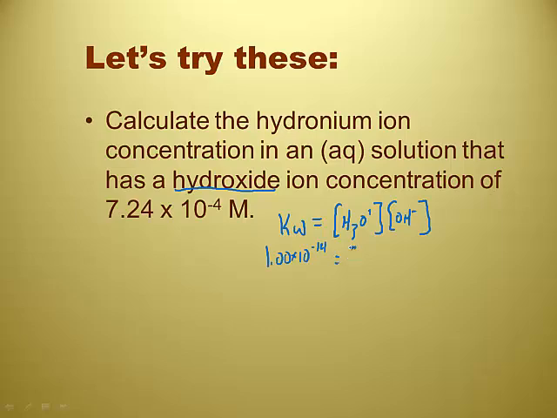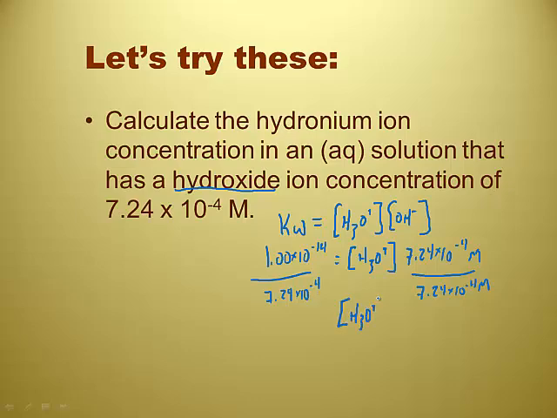And the hydronium I don't know, so I'm going to leave that as hydronium. But I do know that 7.24 times 10 to the negative fourth is the concentration of hydroxide, so I'm going to divide both sides by that. And you get 1.38 times 10 to the negative 11 for the hydronium ion concentration.